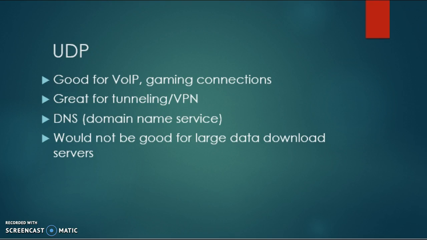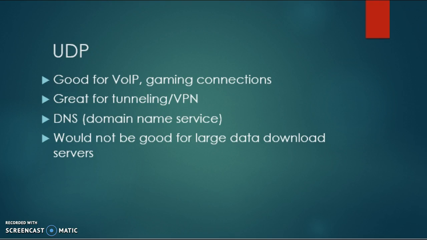We talked about how UDP would not be good for things like large data download servers. If you were to go onto Microsoft.com and want to download something, you would probably want to use TCP over UDP, because TCP, A, splits everything off into packets, B, establishes a connection with your computer or device, the recipient, as well, and C, you have such large data that all these little data packets need to be transferred and make sure they are in proper sequence to be used as a download.